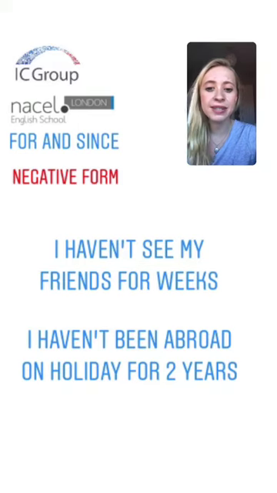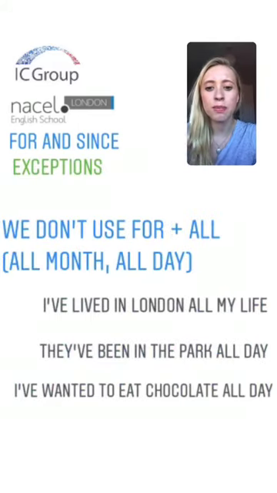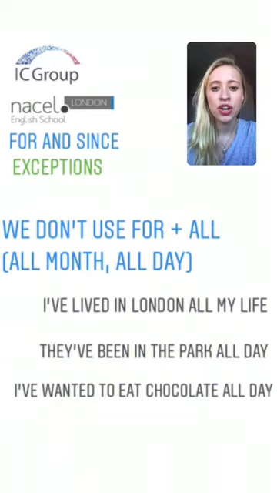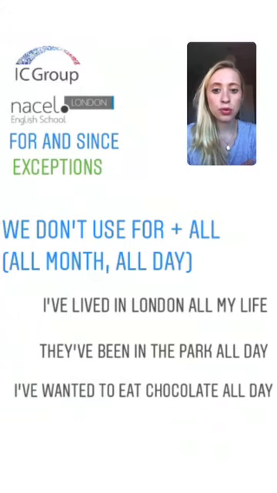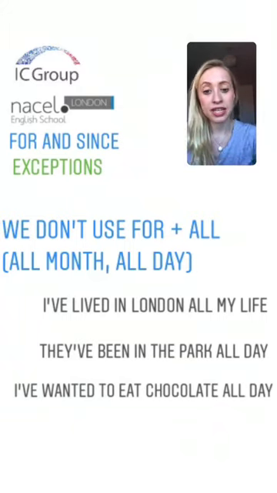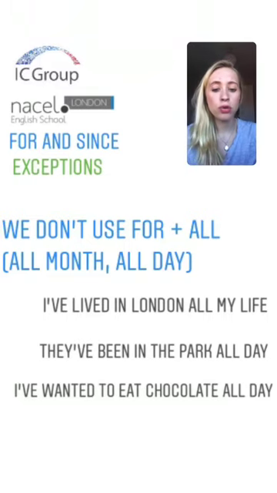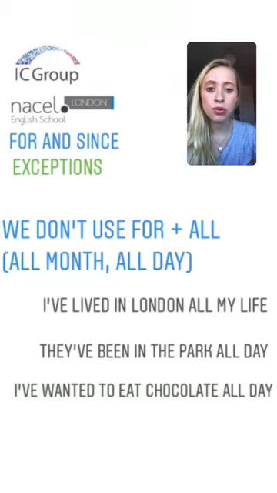We also have some exceptions, so when you would maybe not use it. Okay, so we don't use for if we use the expression all. For example, all month or all day. The examples are, I've lived in London all my life, not for all my life. You don't need to say it.